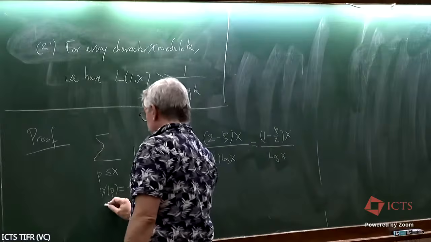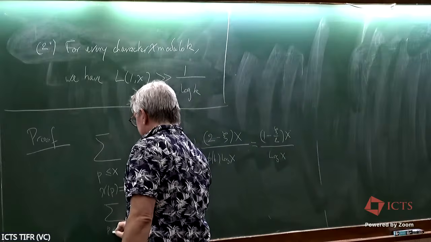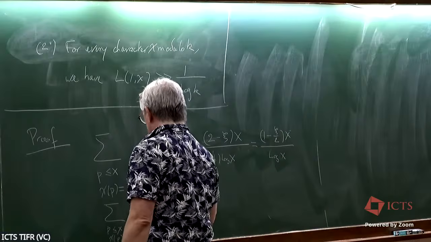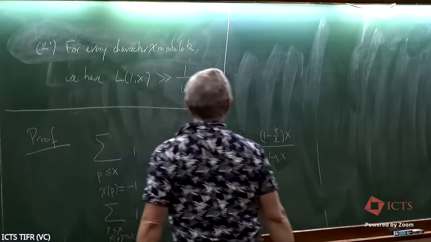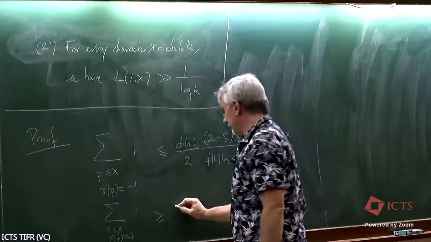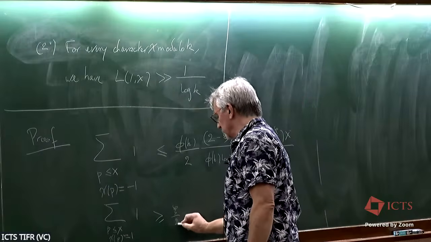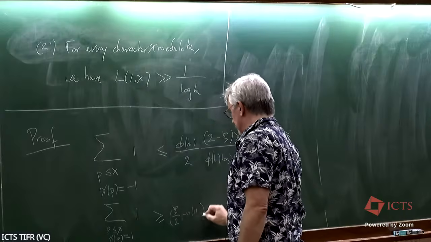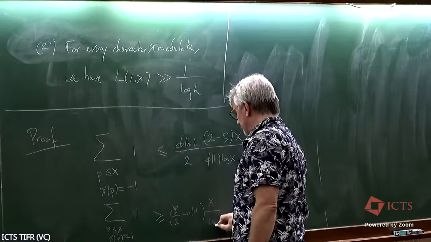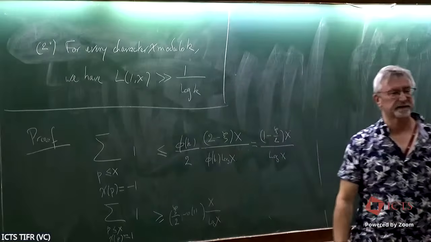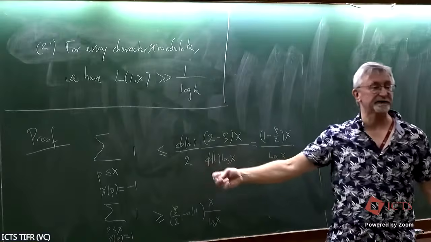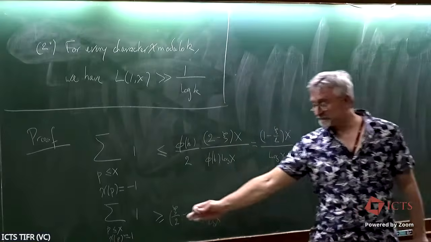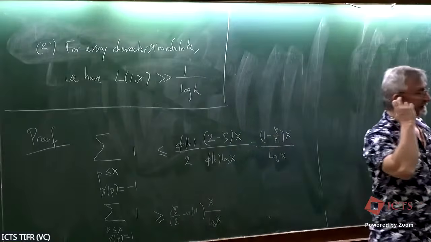So you deduce that the sum for P less than X and chi of P equal to 1 of 1 is larger than psi by 2 minus little o of 1 times X upon log X. Yes, you know the number of primes is X upon log X times 1 plus little o of 1, so you deduce. So you have a positive proportion of primes so that chi of P is equal to 1.